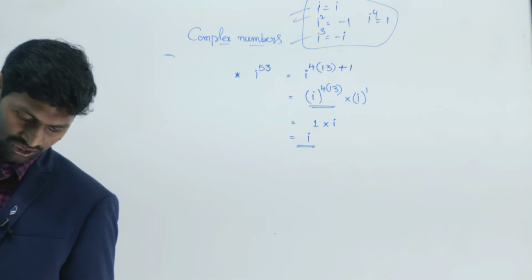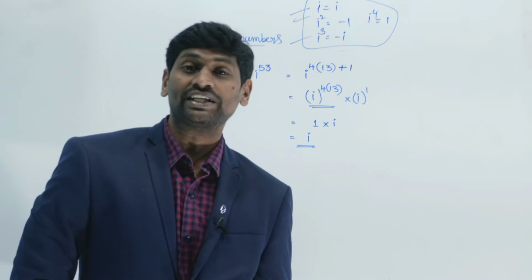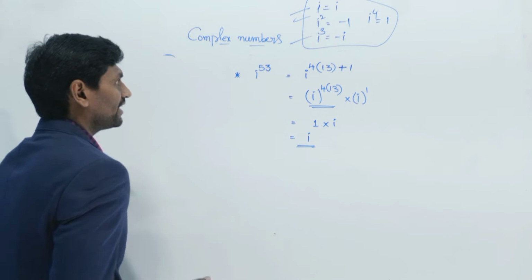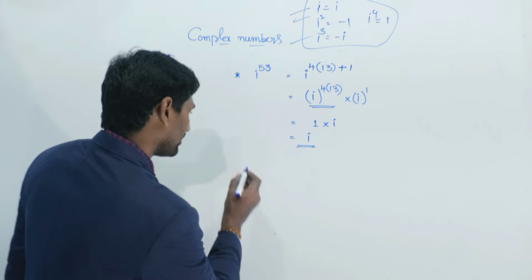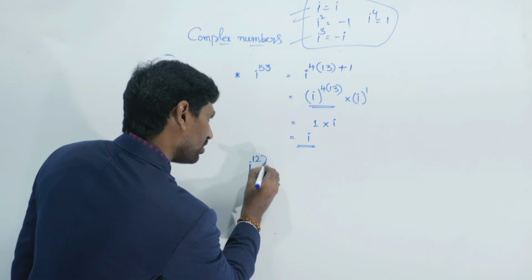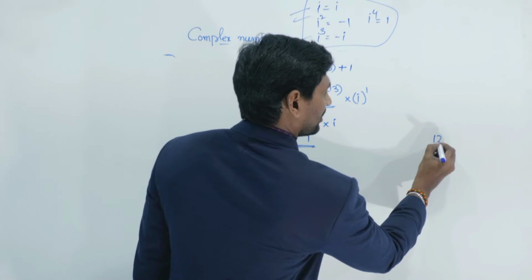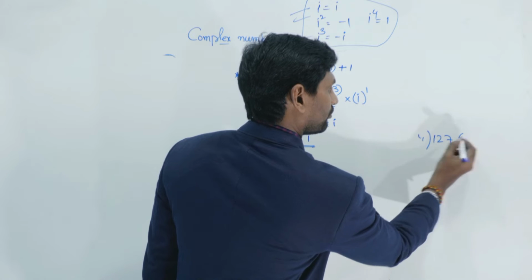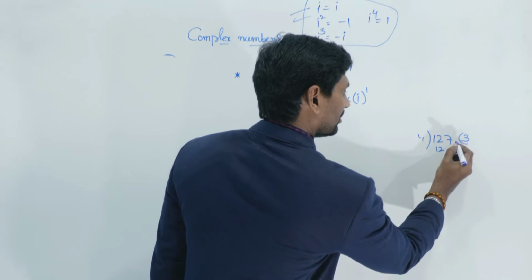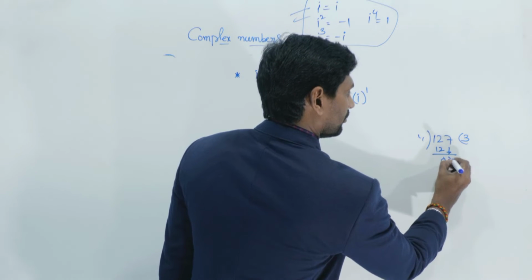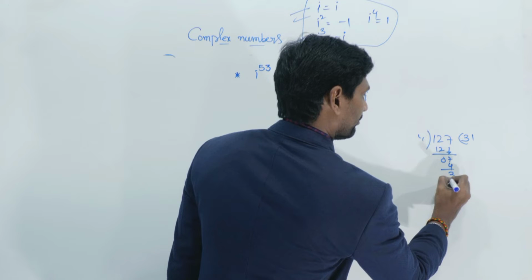Yeah, in your textbook, i^127 is given. Let us find the value of i^127. Now how to write 127? In the 4 table, 4 31s are 124, and 3 remains.